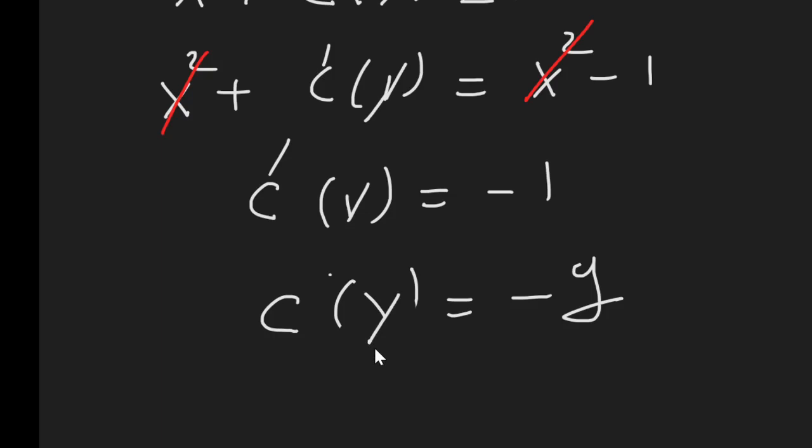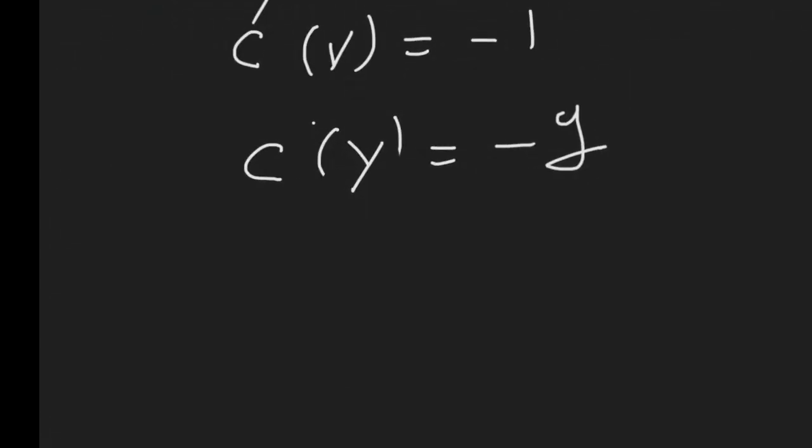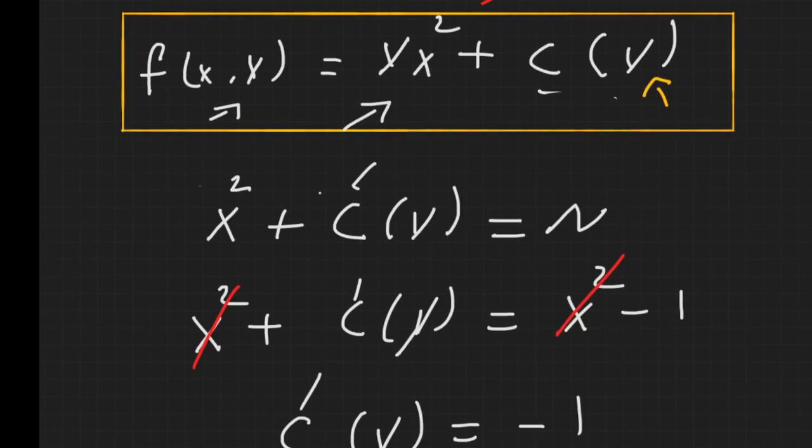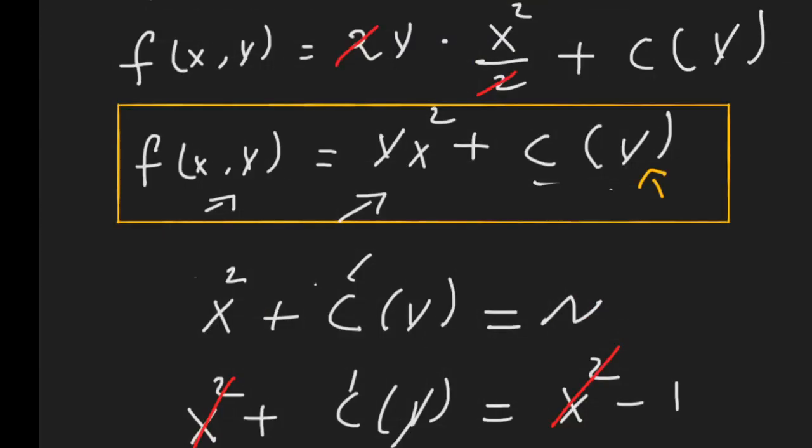Okay, now your last step is to replace this c in terms of y in your solution, which is the yellow box we just made. So instead of c in terms of y, I'm going to replace this with the expression we just found, which is minus y.